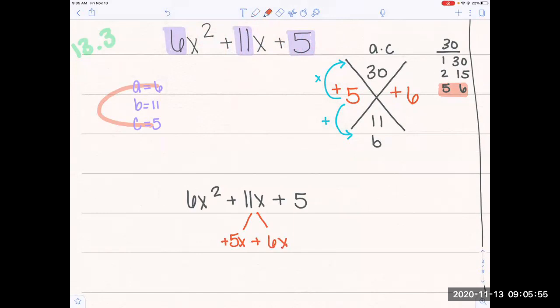I took those two numbers I just found and replaced them into it. I'm going to carry everything else down. And now this turns into factor by grouping.